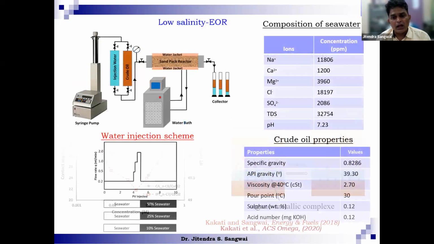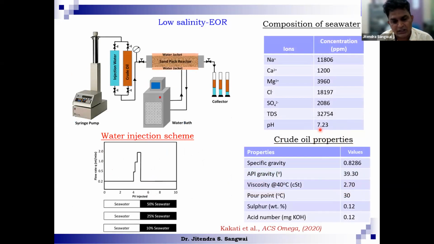Now we have done some studies again. We got seawater from Marina Beach, and we tried to tune the water, say 50% dilution, 25% dilution, and 10% dilution. And we did some experiments which mimic the reservoir in the field. We used crude oil from one of the fields from Karaikal, thanks to Oil and Natural Gas Corporation.